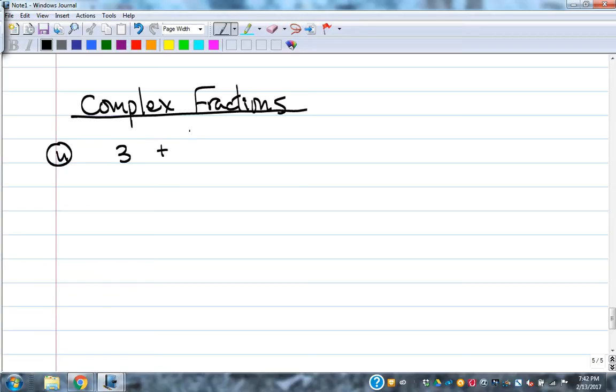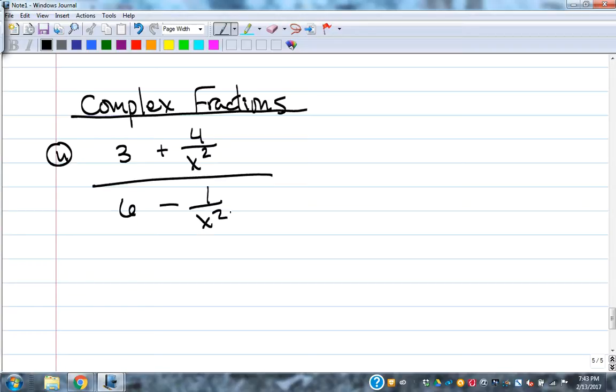So let's say 3 plus 4 over x squared. The good thing with complex fractions is they don't get too complex with you. They're already fractions inside of fractions, so they don't make the fractions that are in them very tough. That's maybe the saving grace of these.